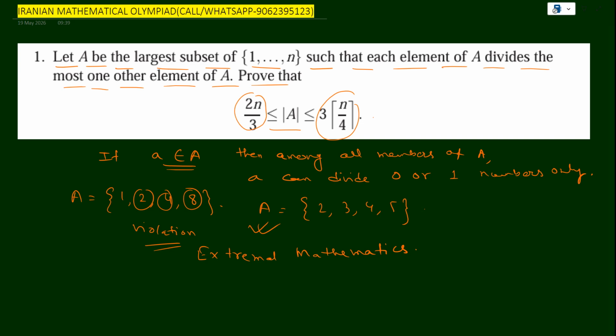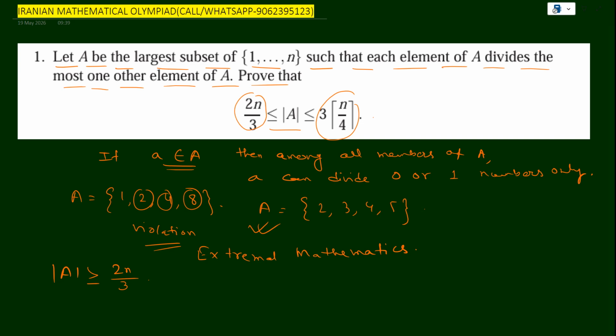So this is exactly today's flavor. Now we want mod of A to be greater than or equal to 2n by 3. What does it mean? We must construct a legal set with at least that many elements.